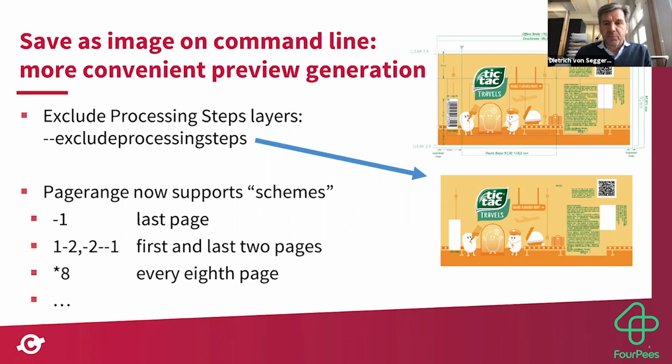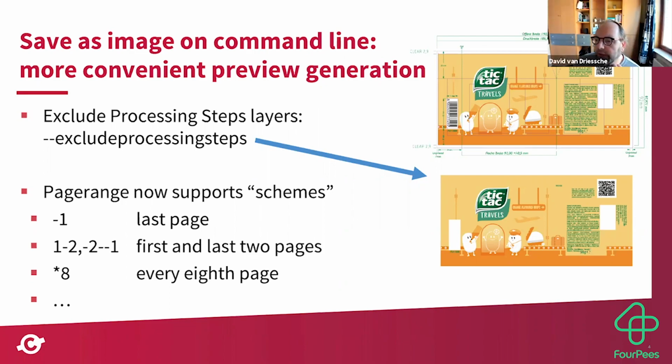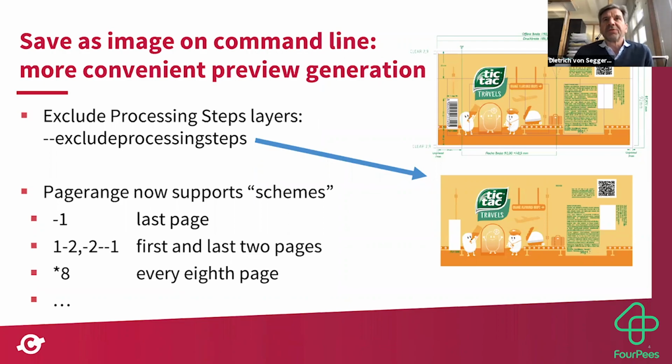Okay, moving on. Two questions already, Dietrich. The first one is on the processing steps. The question is whether it's always excluding all processing steps, or whether you can somehow make a selection that you would still want to see. Yeah, no, it's always all processing steps. What you can do is beforehand adjust the visibility of the layers, and then that will be taken into account, so the initial visibility.